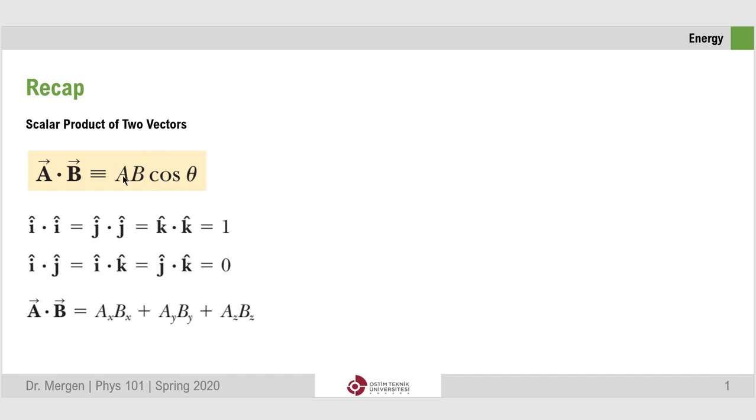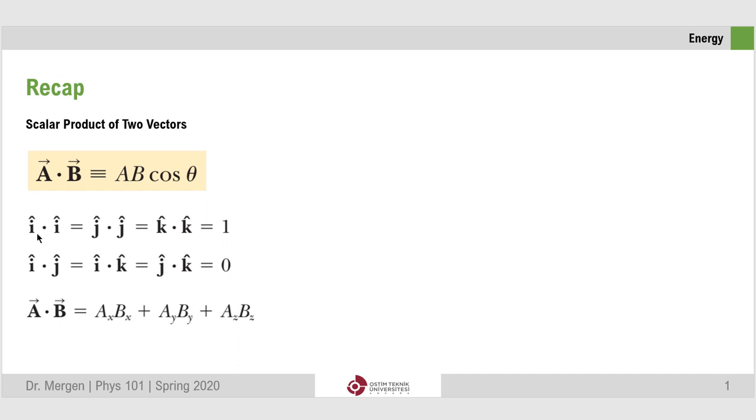If you multiply those three, you carry out the scalar product operation, and those were the rules for calculating scalar products of unit vectors.